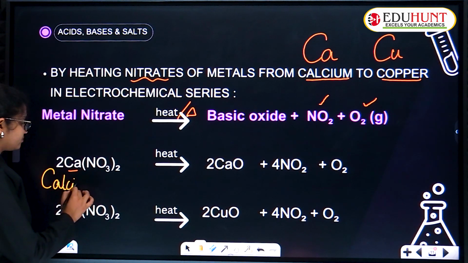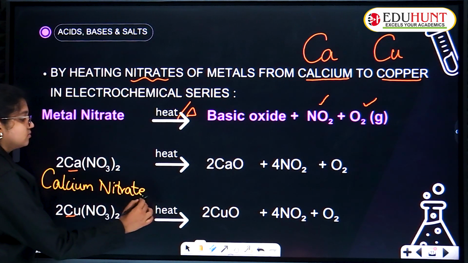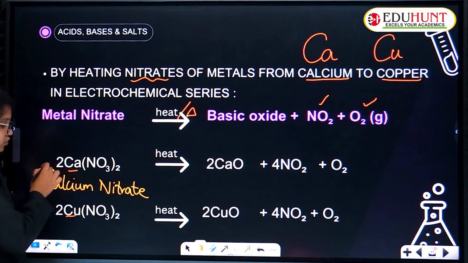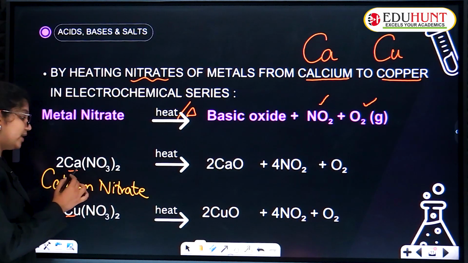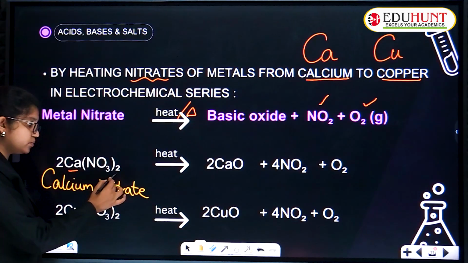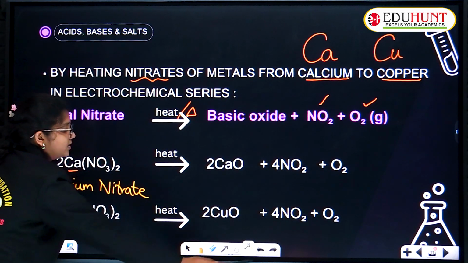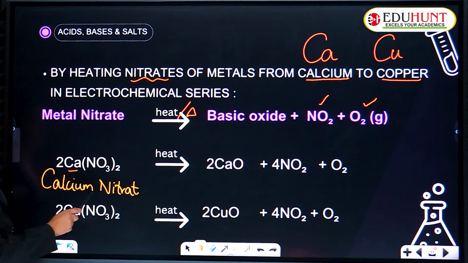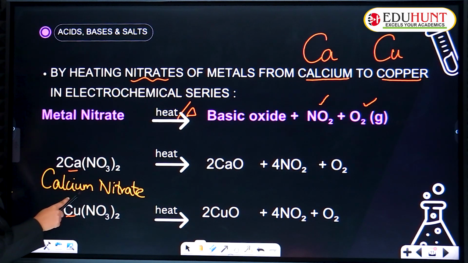What is the name of Ca(NO3)2? Calcium nitrate. How do you read the 2 Ca, then NO3 in the bracket with twice? Okay, twice. So, calcium nitrate, 2Ca(NO3)2.